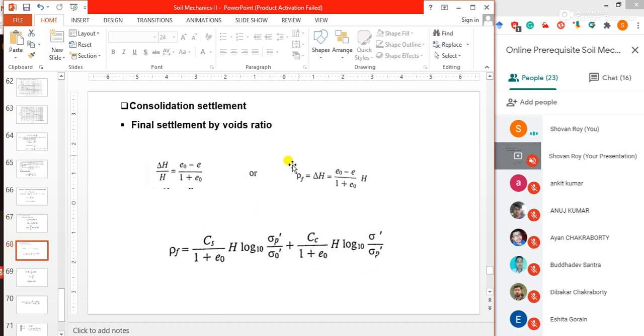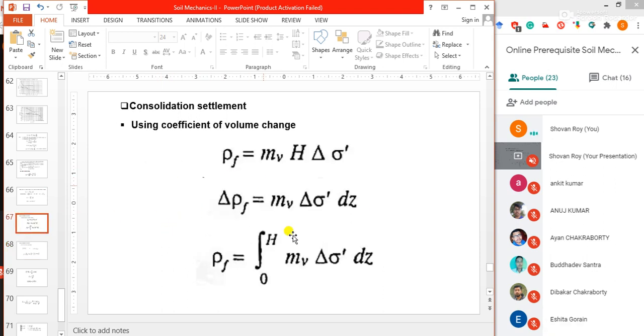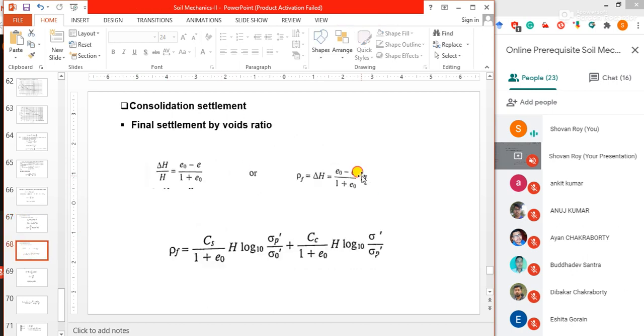Finally, we can find the settlement by using these formulas. These are the basic equations to find the settlement. This should be clear to you.